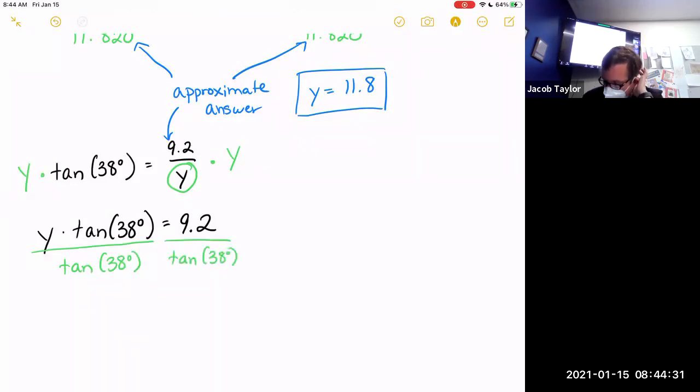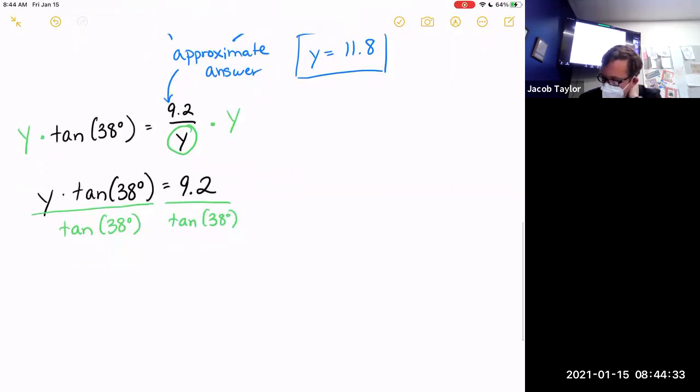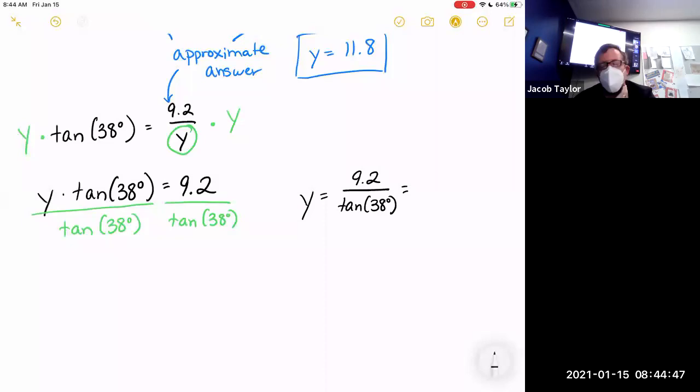So in my calculator, I would type in 9.2 divided by tangent 38 degrees. What is that? Can you type it in? 11.775. Let's just call it 11.8.